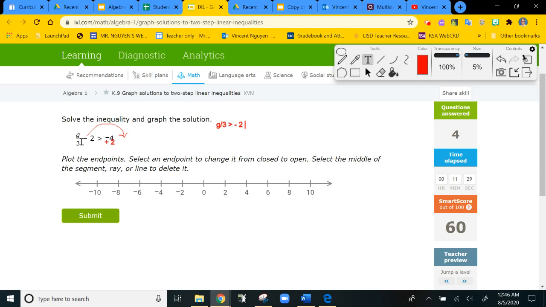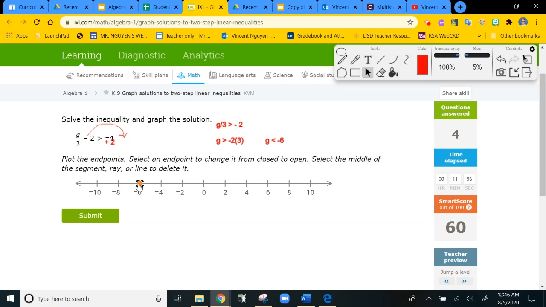Now, to undo the 3, because it is division, I have to multiply. Okay, so g is going to end up being greater than negative 2 times 3. So my solution is g is greater than negative 6. Okay, so I'm going to go over here and go to negative 6.